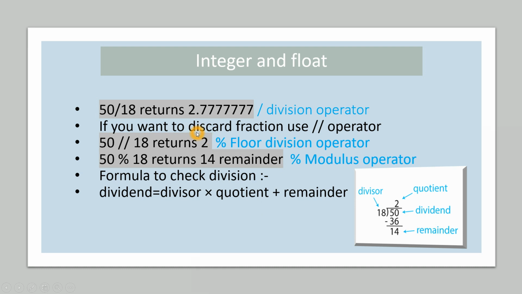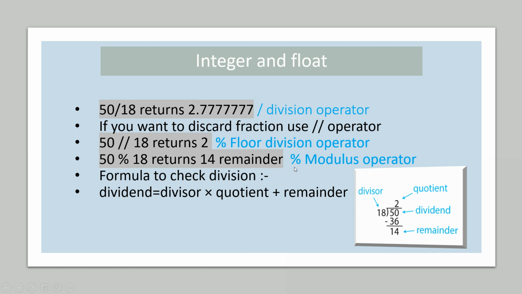Here I have given some examples, like if you divide 50 by 18, then it returns 2.777. So here this forward slash is the division operator, and here 50 double slash 18 returns 2. Here double slash is the floor division operator. Here somehow it is wrongly typed. If you are doing 50 modulus 18, then it returns 14.